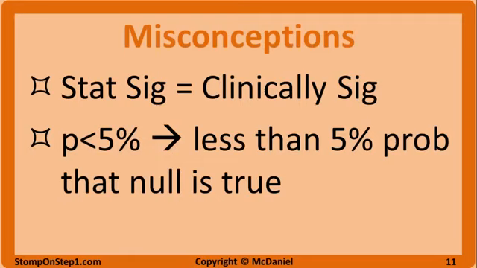A simple way to illustrate this is to remember that, by definition, the p-value is calculated using the assumption that the null hypothesis is correct. Therefore, there is no way that the p-value can be used to prove that the alternative hypothesis is true.